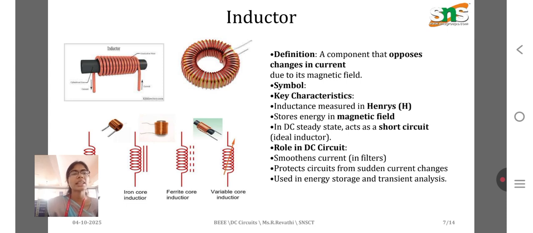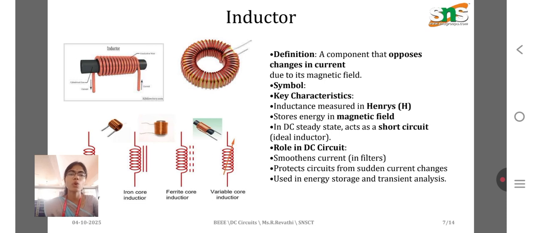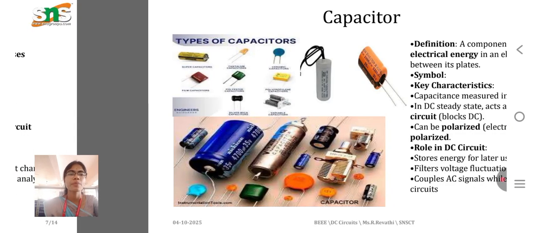In DC steady state it acts as a short circuit. Its roles are to smoothen current, filter, protect circuits from sudden current changes, and it is used in energy storage and transient analysis. The types of windings and inductors include core winding, ferrite core, and iron core winding.